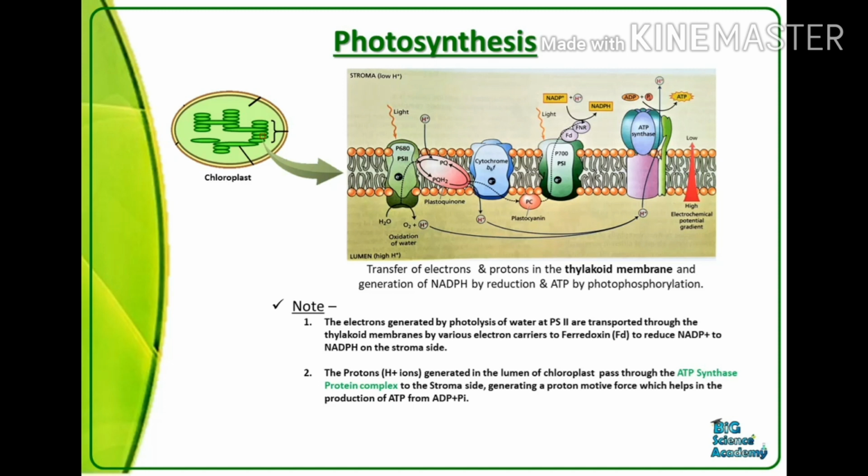Next, we can see that the protons generated in the lumen side of the chloroplast pass through the ATP synthase protein complex to the stroma side, generating a proton motive force which helps in the production of ATP from ADP plus Pi. This is actually the photophosphorylation step where the phosphorylation is occurring, that is the ADP plus Pi is combined to form the ATP or the energy rich molecule.